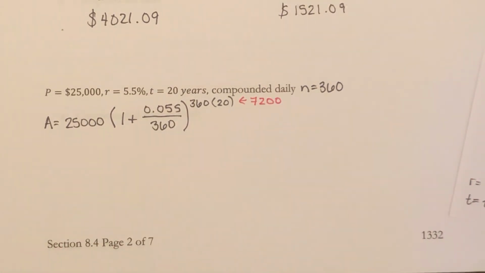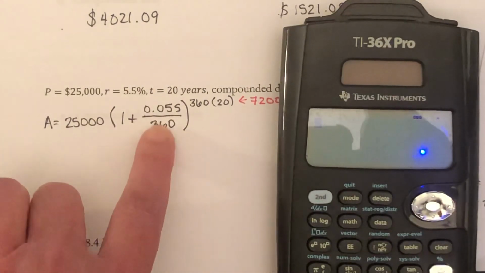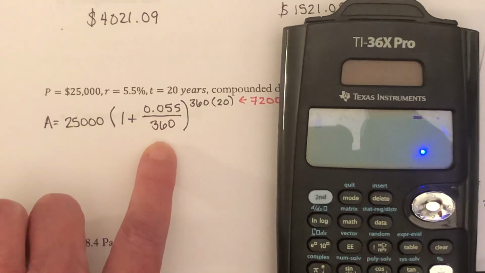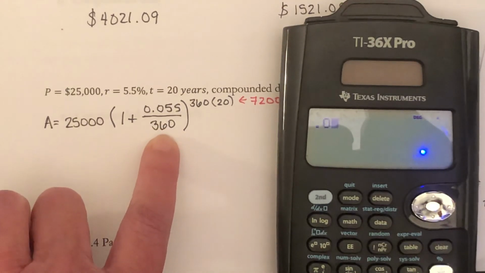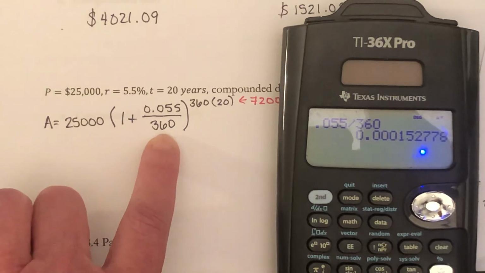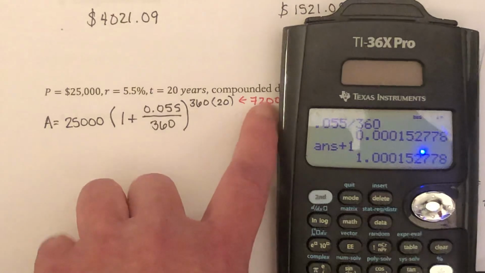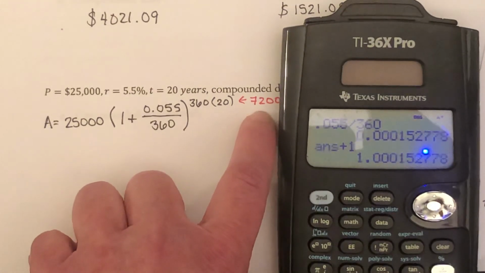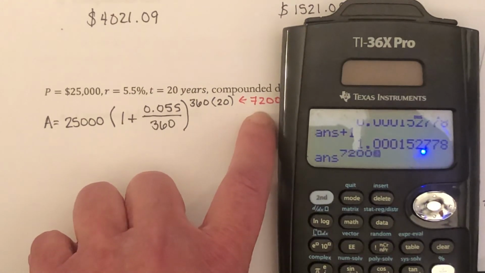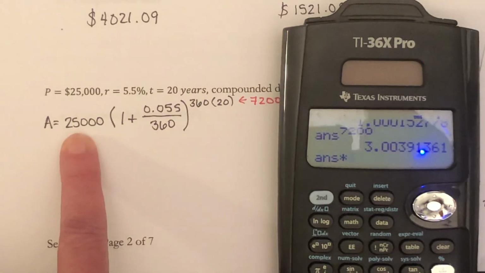Okay, so I'm not going to get a nice pretty decimal when I do this division, unlike the ones I did before. So I'm going to start off with 0.055 divided by 360. Ugly decimal. Add 1. So now I have the parentheses. Raise it to the 7,200th power. Now multiply by 25,000.